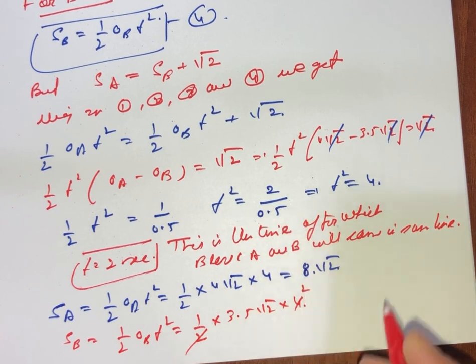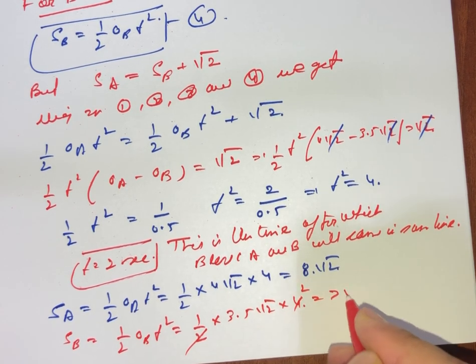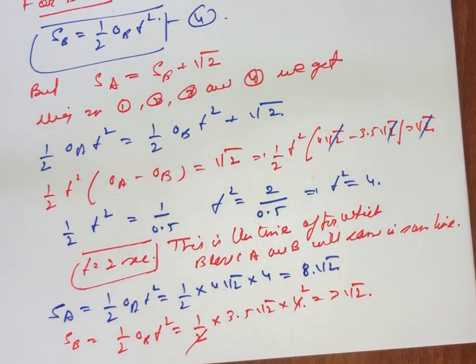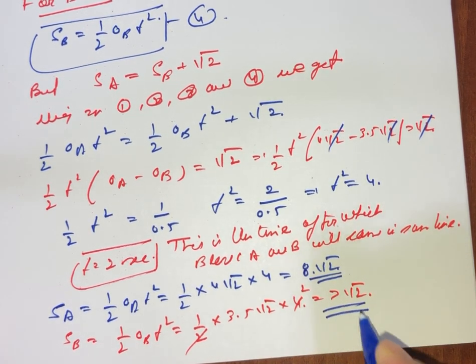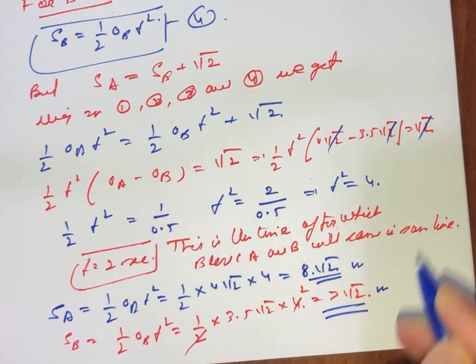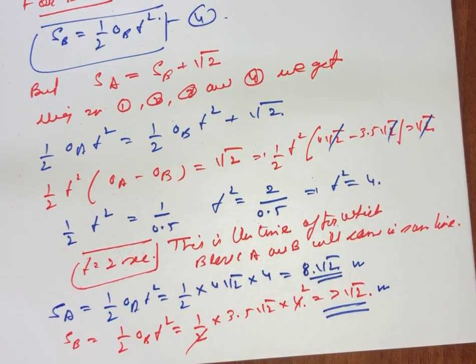So this goes by 2 and this comes out to 7 root 2. So these are the respective distances traveled by block A as well as block B, in meters, and the time is in seconds. So this completes the question. Thank you.